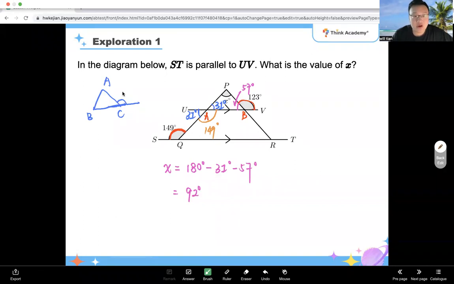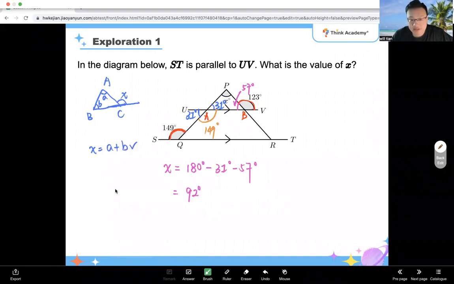Can anyone tell me the relationship between A, B and this angle X? You can type it in the chat box. This is A, this is B, and its exterior angle is X. Yes, that's right. X equals A plus B.